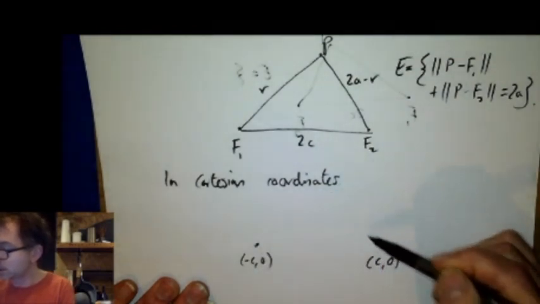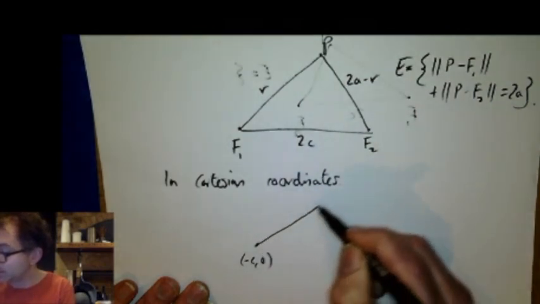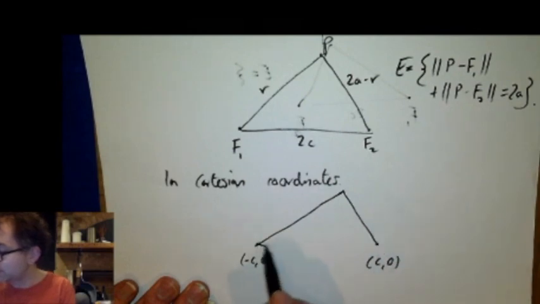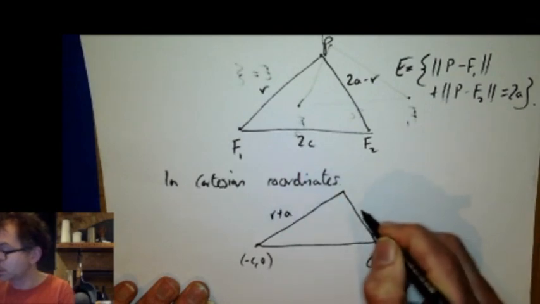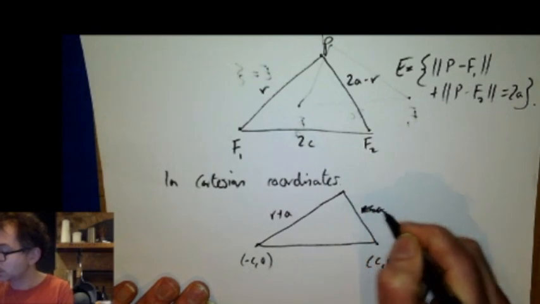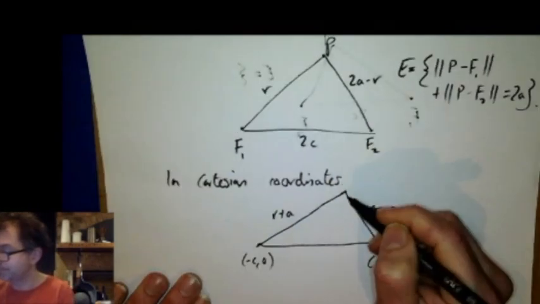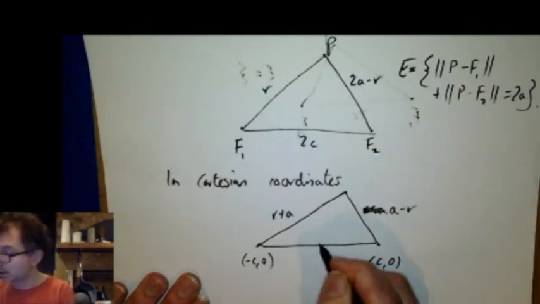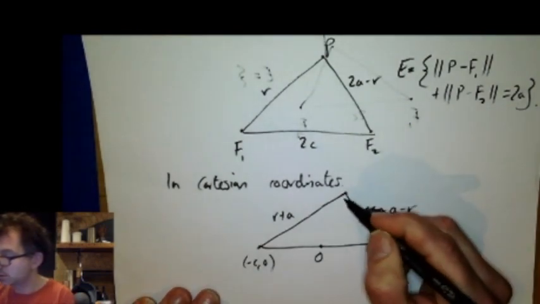I'm going to say that the sum of these distances again is 2a, but I'll write that in a slightly different way: r plus a and a minus r. So as you can see, the sum is still 2a. Of course, that puts my origin in the centre here, so the distance to here is c, the distance to here is c. Let's do some trigonometry.